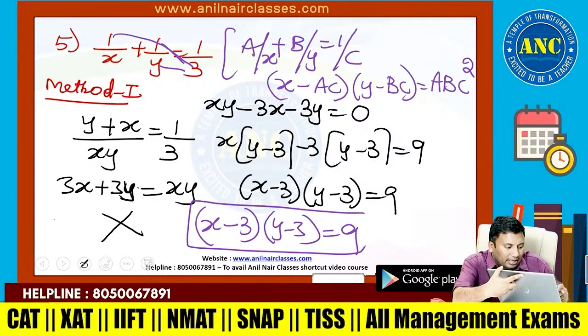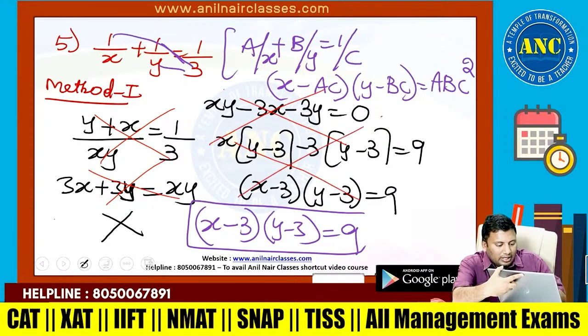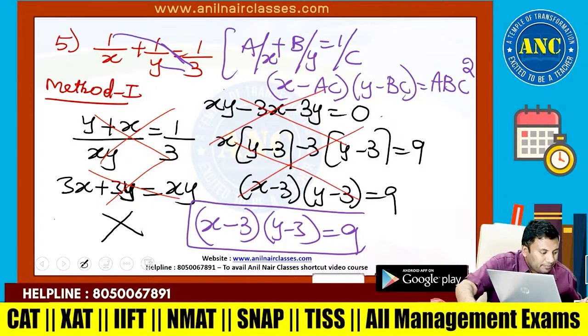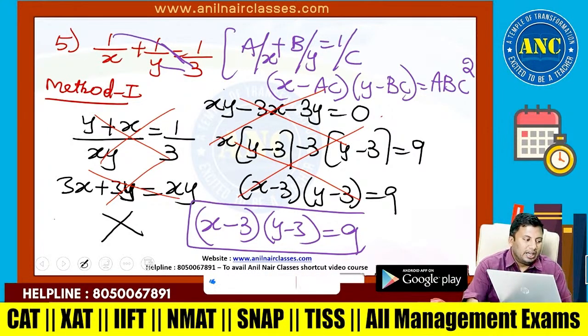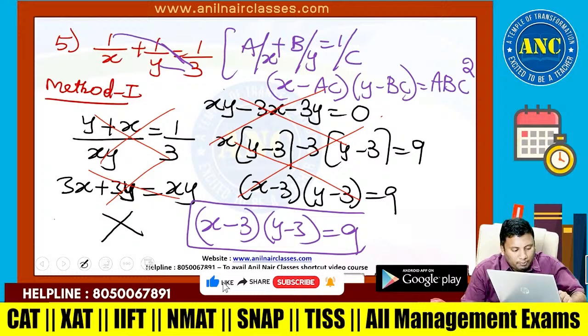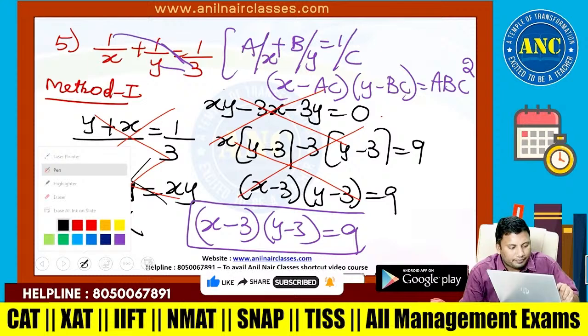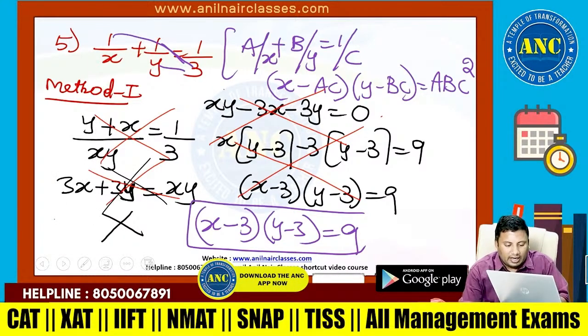Entire time is saved. x minus ac into y minus bc equivalent to a into b into c square. Directly we will get the answer.